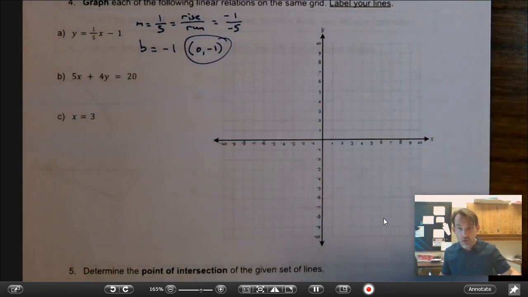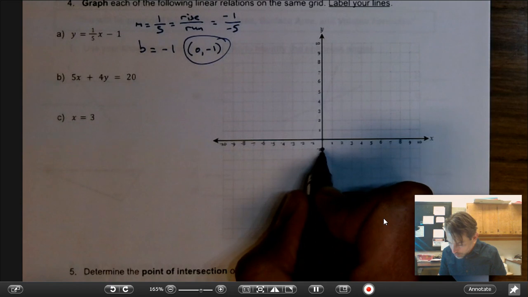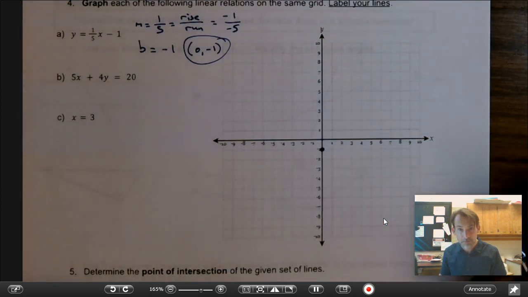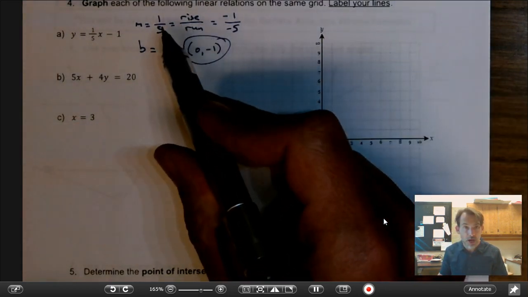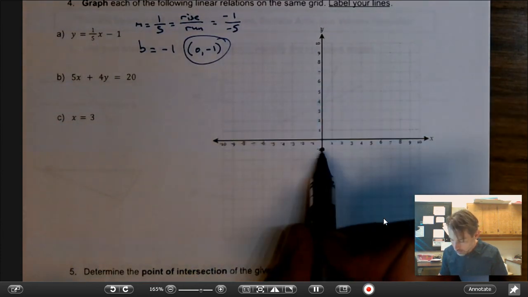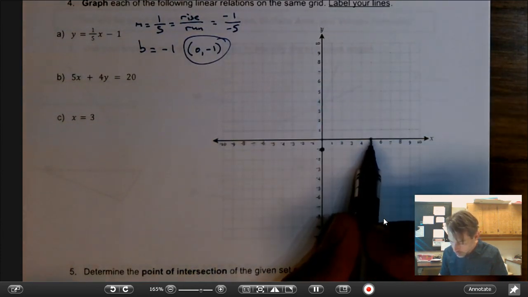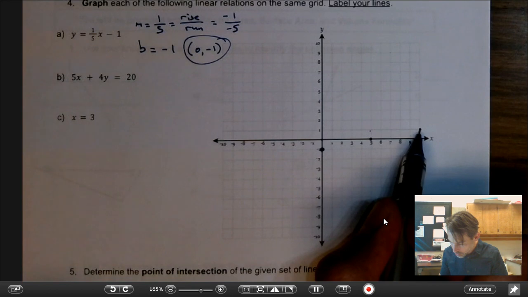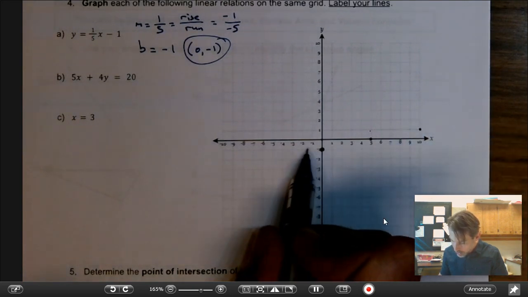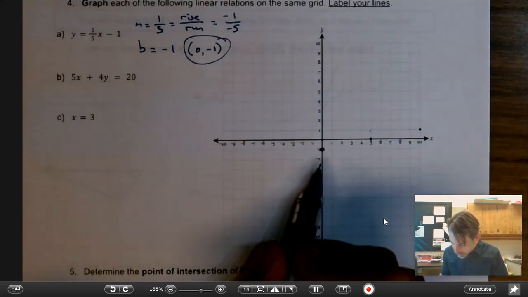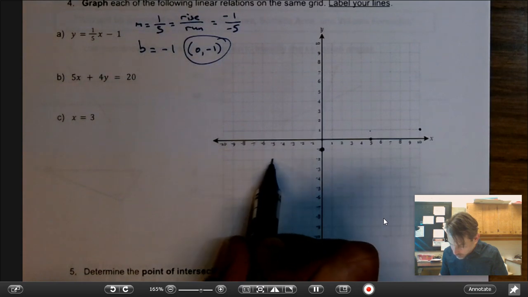So let's go and plot that. 0, minus 1. And then we're going to rise 1 and run 5. Rise 1, run 5. Rise 1, run 5. Then run negative 5, rise negative 1, negative 5, negative 1.